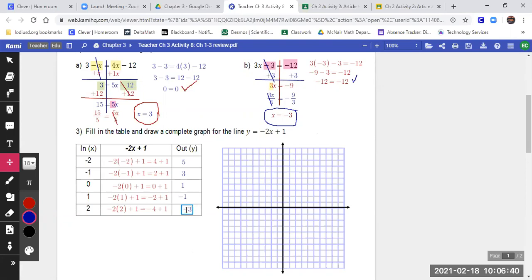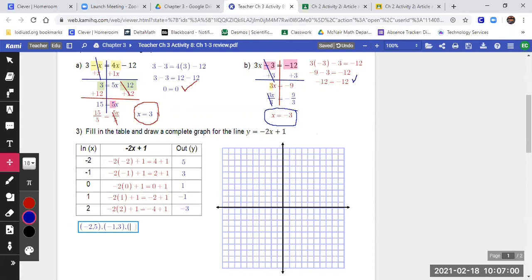Okay. So now we've got our x's and our y's, and we're going to make our coordinates. Okay, first coordinate, parentheses, -2, comma 5. Parentheses, -1, comma 3.